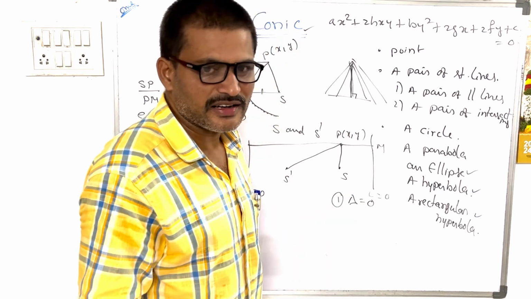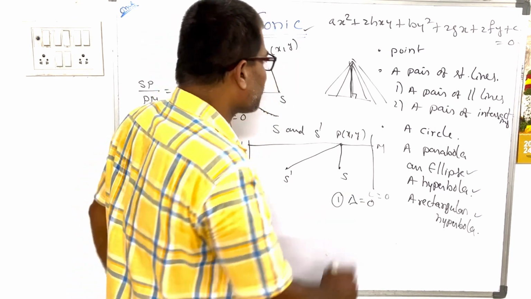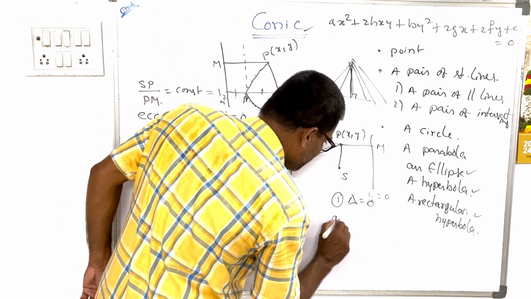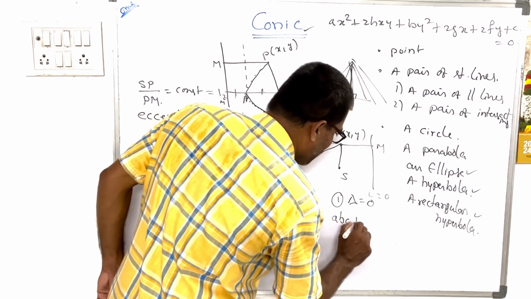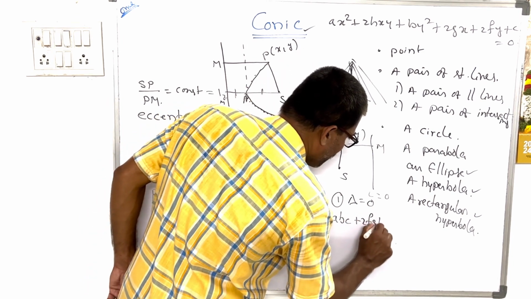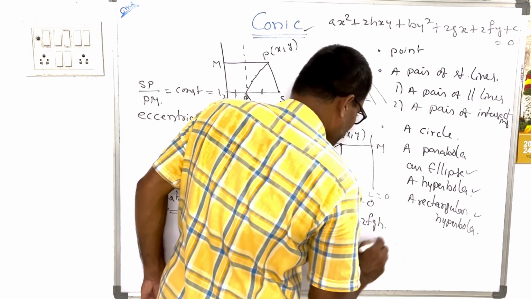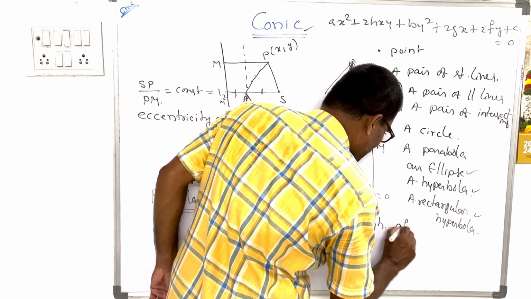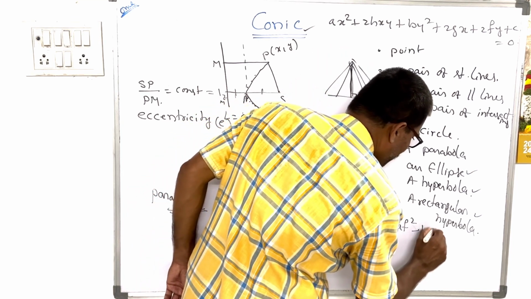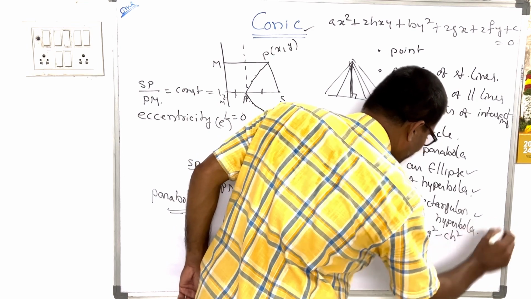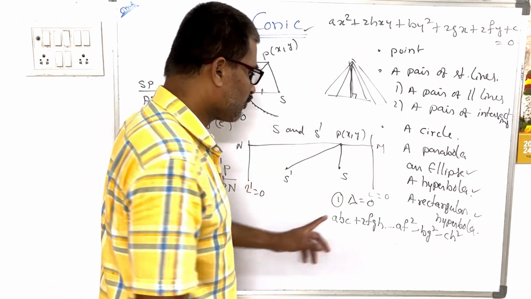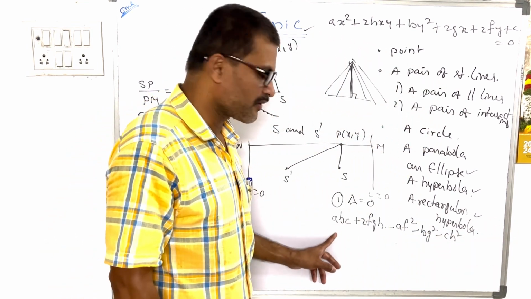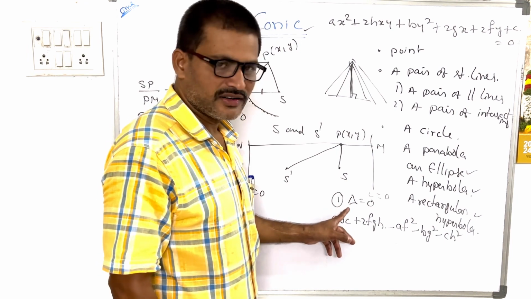Here, what is the delta? Here, the delta can be taken as abc plus 2fgh minus af square minus bg square minus ch square. This value can be denoted as delta.